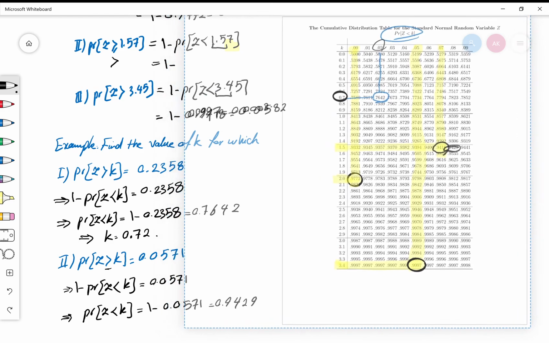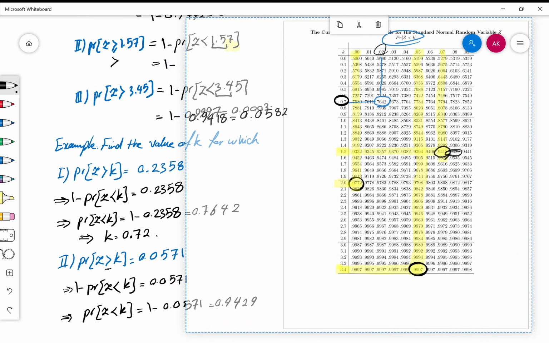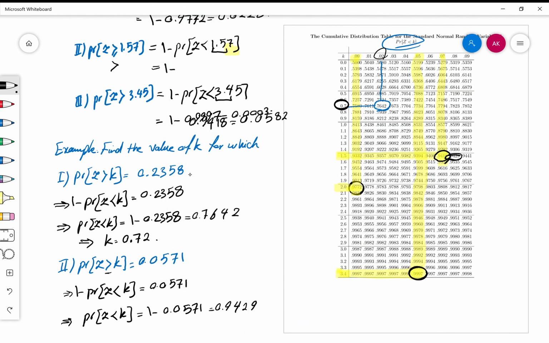And then you just find this part, which means that k is 1.5 and the second decimal is 8.